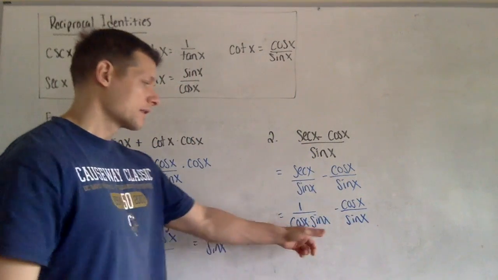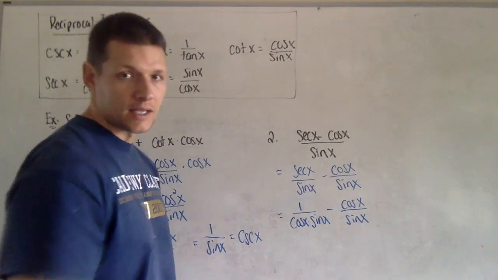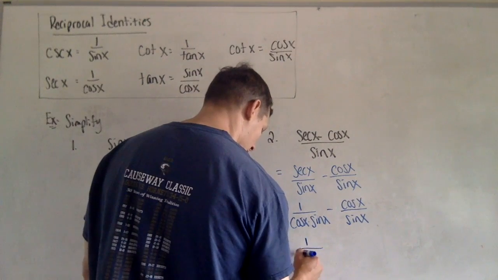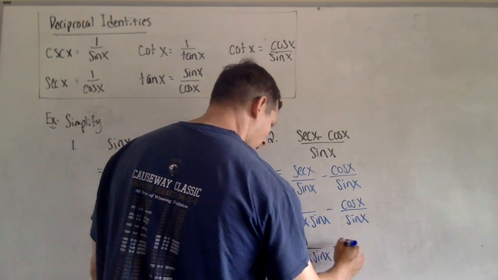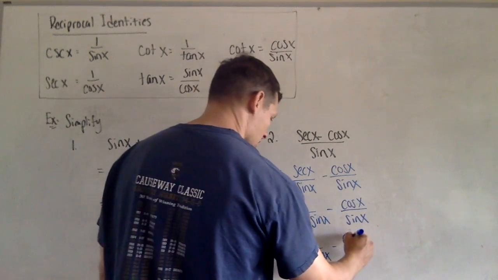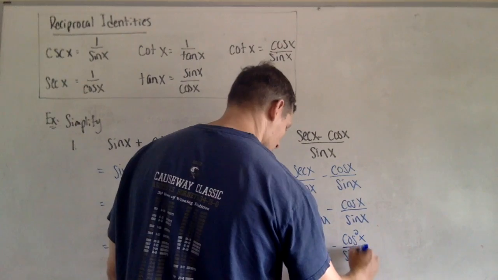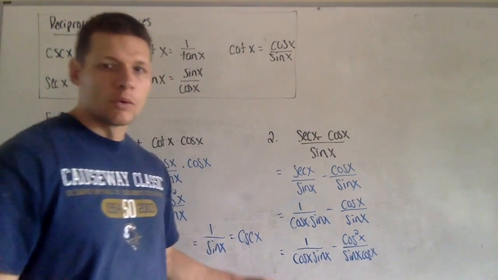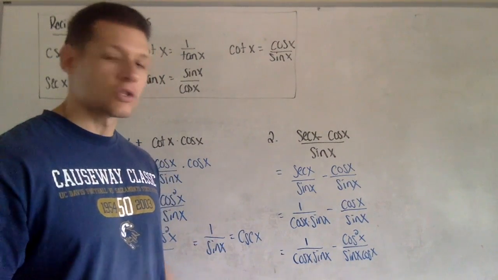That's good. Let's get a common denominator so I can subtract these two guys. Common denominator is cosine x sine x. So this will equal 1 divided by cosine x sine x minus, multiply top and bottom by cosine, so cosine squared x divided by sine x cosine x, right? Well, now I have this subtraction problem where they have the same denominators, so let's just subtract the numerators.